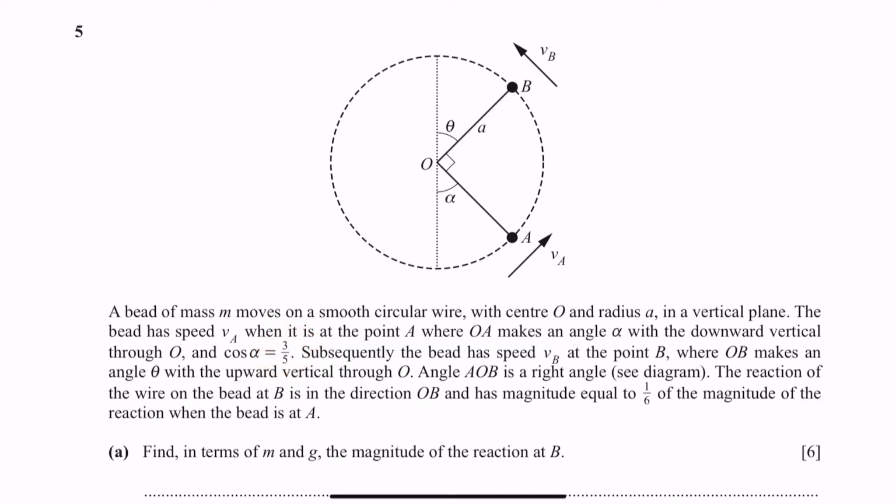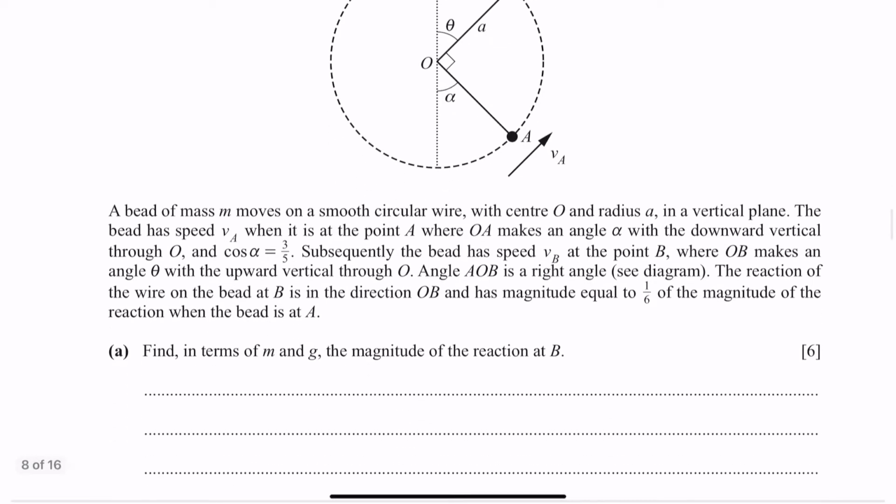The reaction of the wire on the bead at B has a magnitude equal to 1 over 6 of the magnitude of the reaction when the bead is at A. Find, in terms of m and g, the magnitude of the reaction at B.